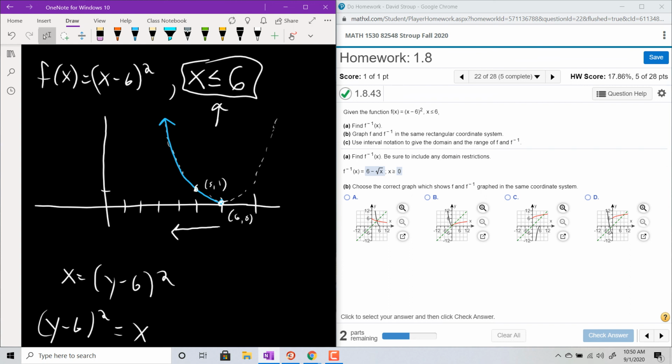Okay, so we should have 0, 6, 1, 2, 3, 4, 5, 6, and then 1, 5, 1, 1, 2, 3, 4, 5. Okay, and we're doing this rotation about this line, so it's going to look like, I believe, this. Okay. And then we just look for the graph that looks like that. So it looks like A.